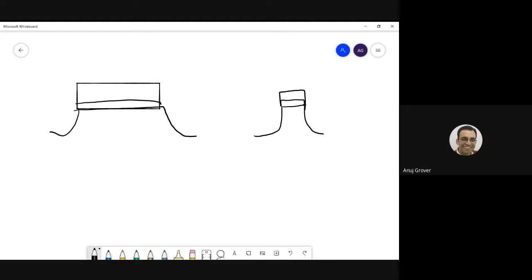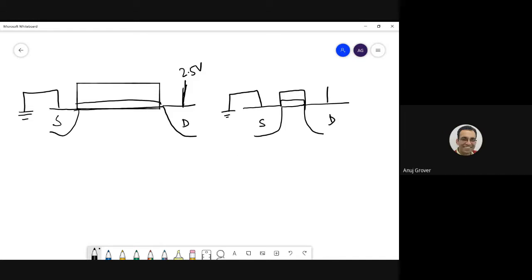These are two devices. Let us say one is a long channel device, one is a short channel device. You put the source on ground and you put the drain on, let us say, 2.5 volts. Is that okay? Over here again, we put the source on ground and we say scaling, so we put the drain on 1.2 volts.